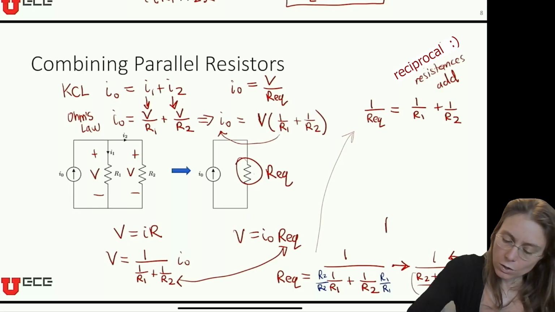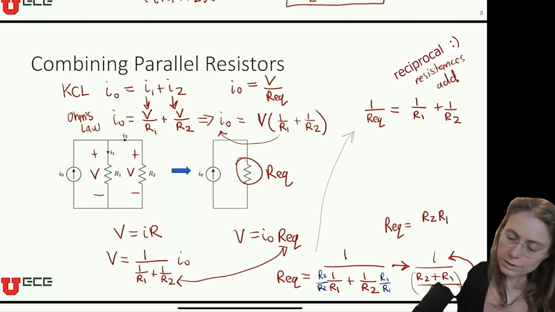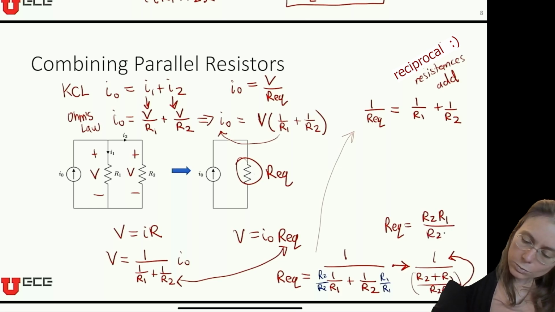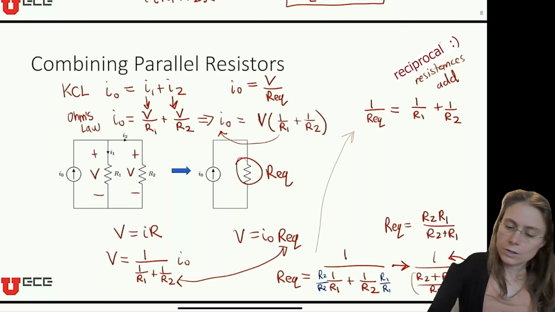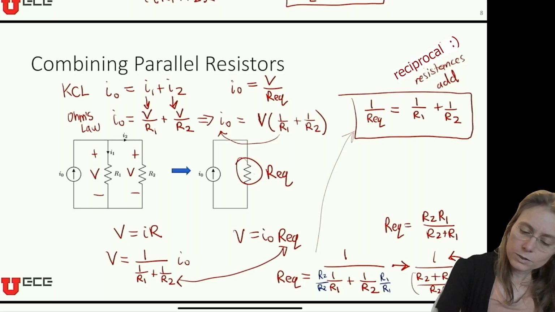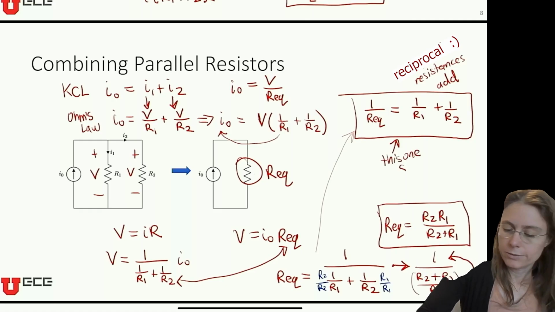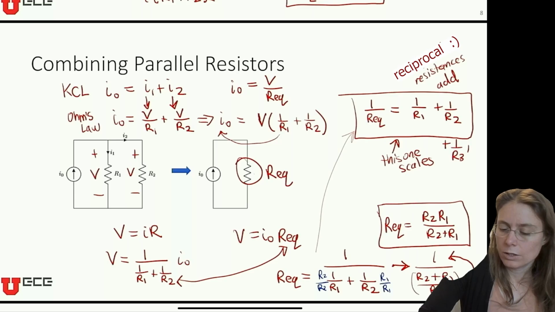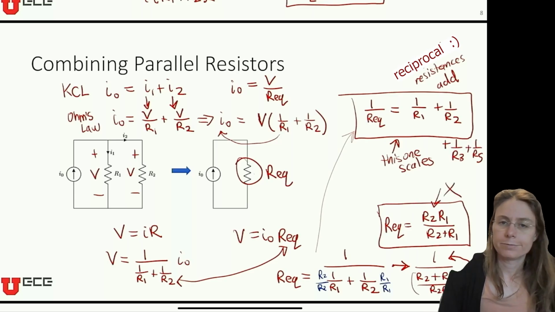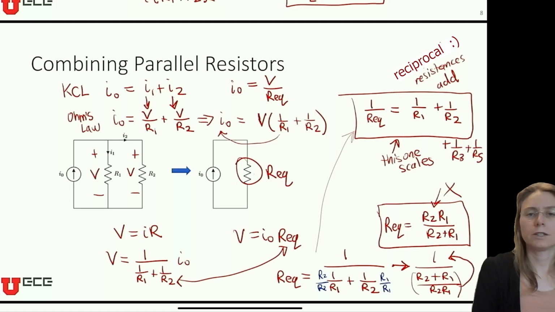So then that shows that R equivalent is equal to R2 R1 over R2 plus R1. So these are the two standard forms of the equation that people talk about. This one scales, so I can keep adding on more and more resistors. This one doesn't scale. Oh, and I'm covering the corner there, so let me move to the side quick.